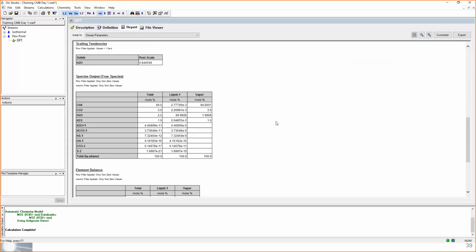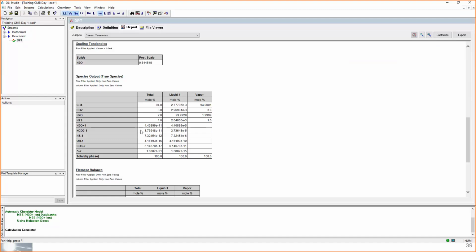If we go back to the species output table, now we'll see that after that condensation happens, you'll have a liquid phase and a vapor phase, a very small amount of liquid, and this is the composition of that liquid, okay? This is the composition that we are interested in, especially if we are talking about corrosion.